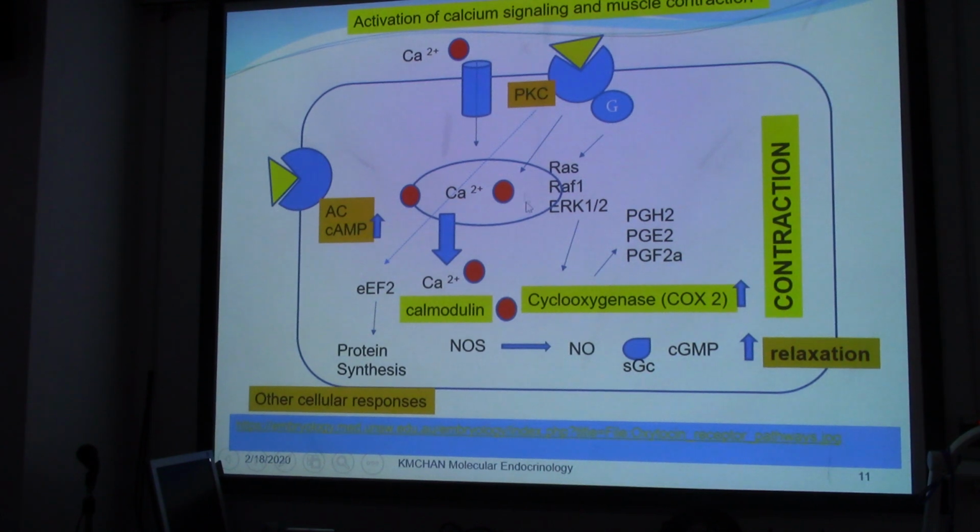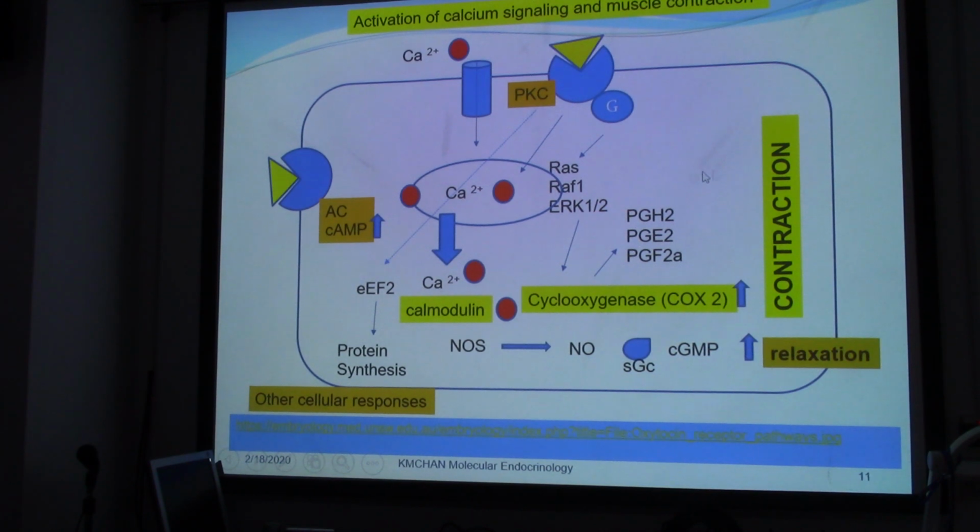But more importantly, the G protein would directly act on a quicker response of RAS and RAF and ERK1 or 2, and these pathways would lead to the release of COX-2, which is known as cyclooxygenase 2, and this is an enzyme that would promote the formation of prostaglandins.